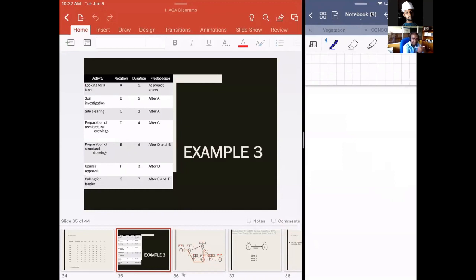From D, we should have two arrows, E and F, both after D. E should be after both D and B. So we have to have that basic understanding of what the diagram should look like first.